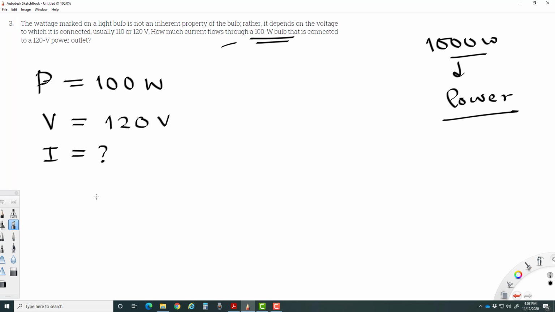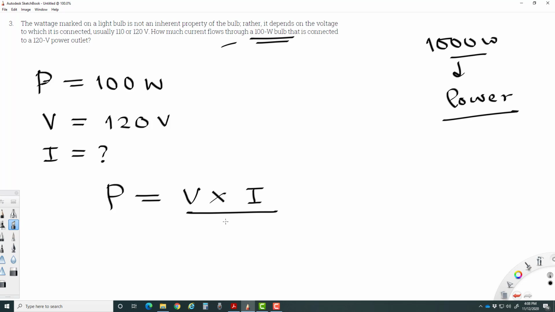We know the relationship between power, voltage and current. So P is V times I, or I times V. We want to find I, so I want to move this V to the left.